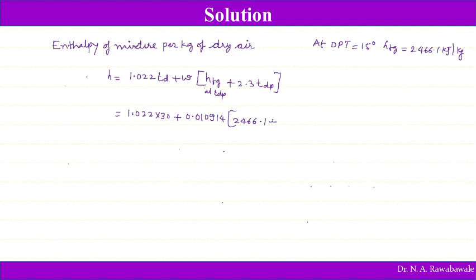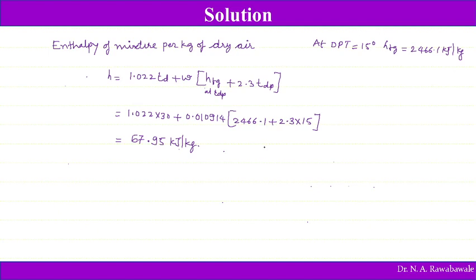So we substitute here 2466.1 plus 2.3 into dew point temperature, 15 degrees Celsius. On simplification, this enthalpy works out to be 57.95 kilojoules per kg.